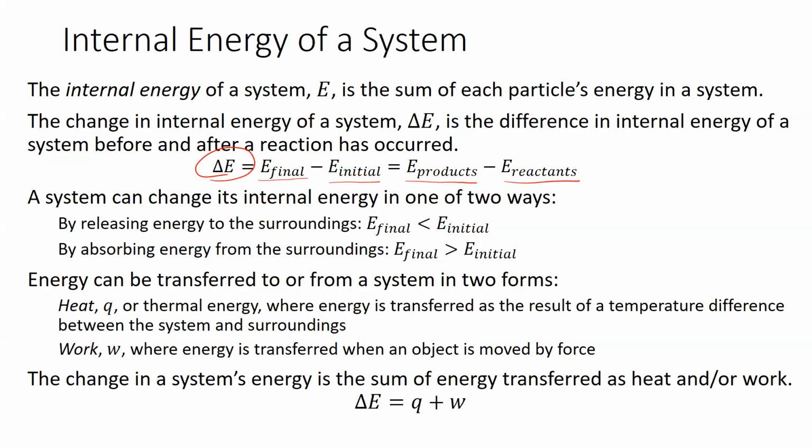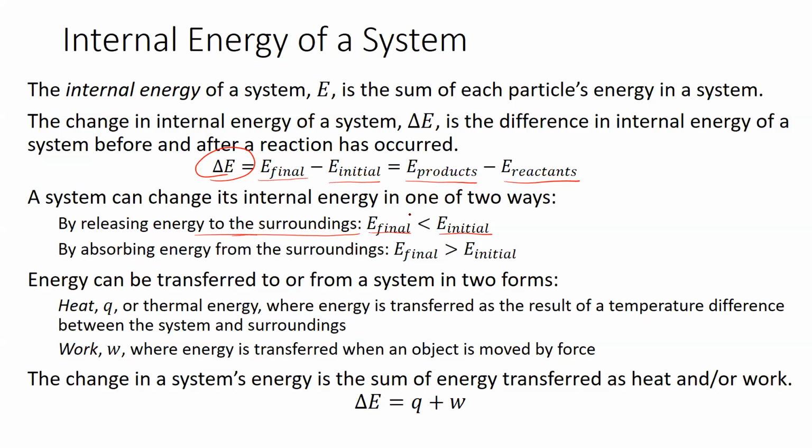Now, there are a couple ways that the internal energy of a system can change. If energy is released to the surroundings, then the final energy will be less than the initial energy.